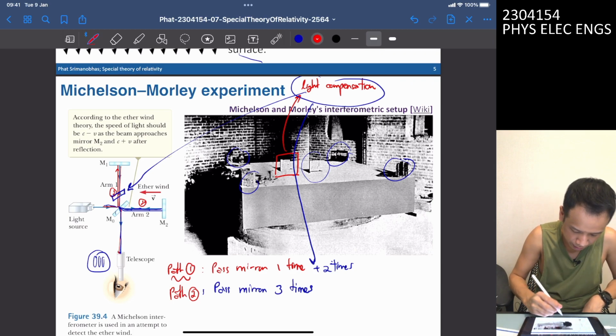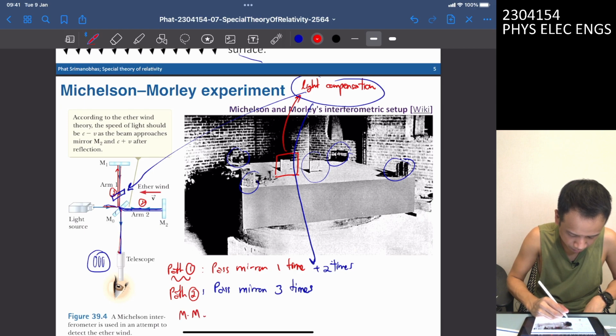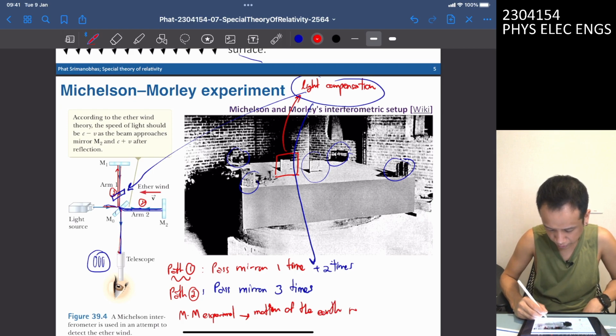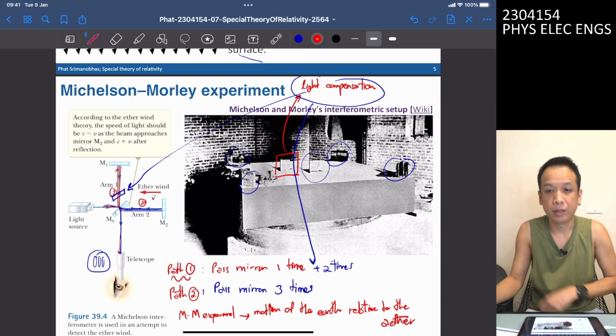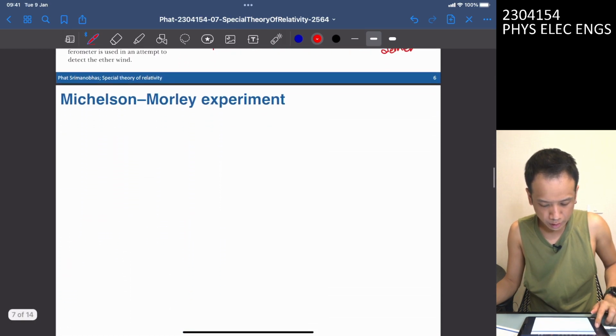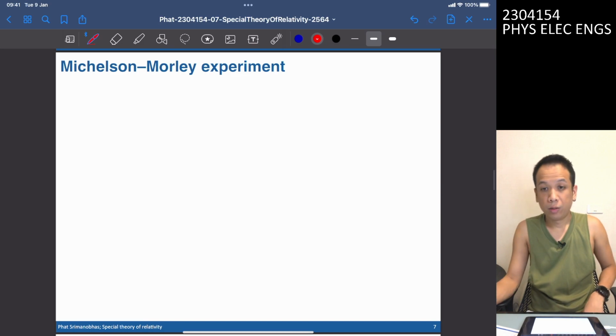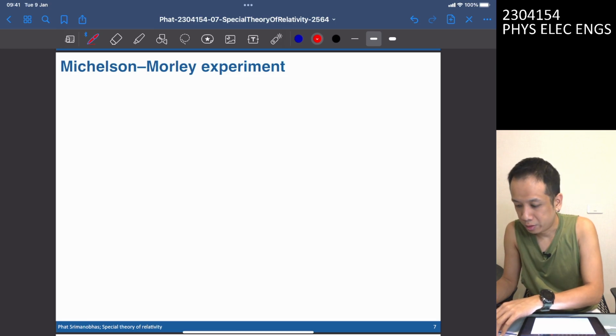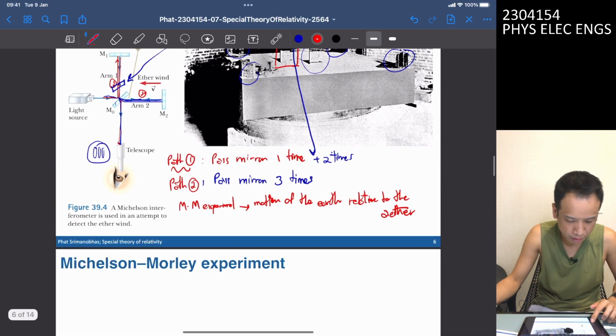Let's take note: the Michelson-Morley experiment is to study the motion of the Earth relative to the ether. Okay, we start to do the short calculations. Let's look at these figures.